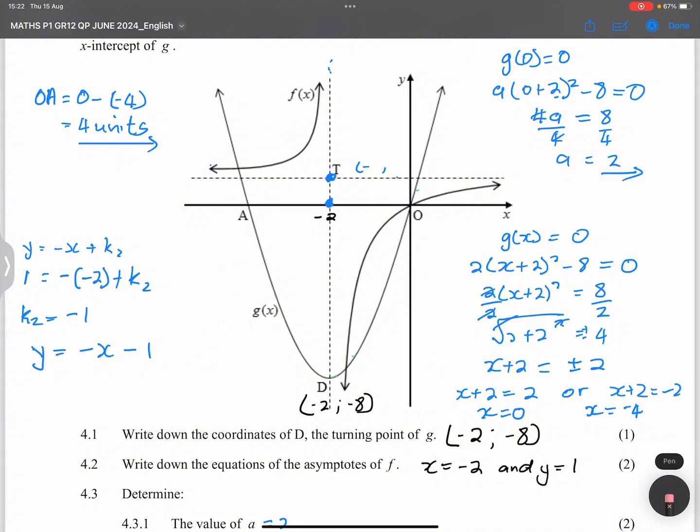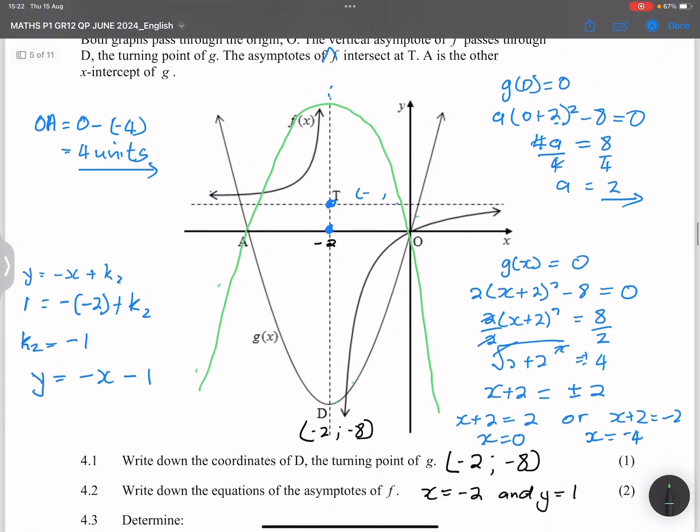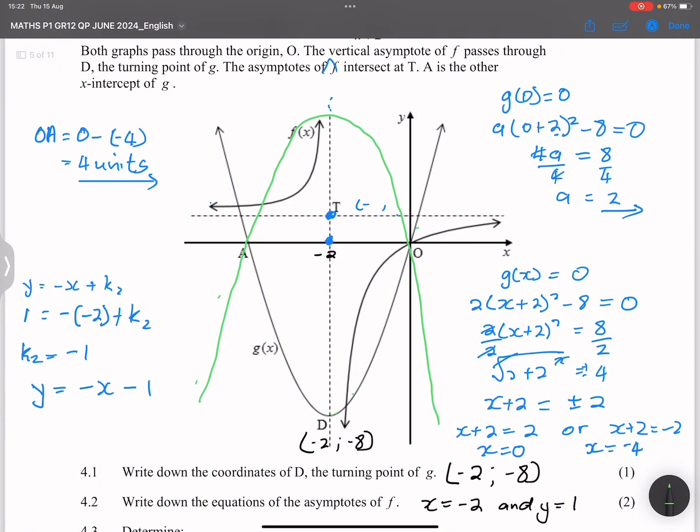Okay, let me just redraw it nicely. Let's just show that much better. So we are reflecting the graph of g around the x-axis. Which means your turning point, the x value of your turning point, will still remain the same.